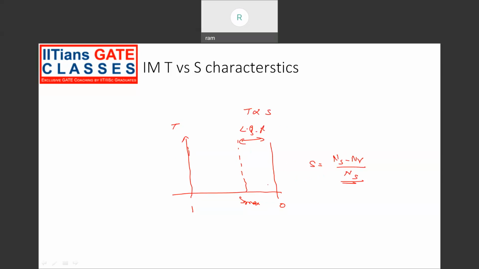Torque is proportional to slip. For high slip region, T corresponding to S max is T max.